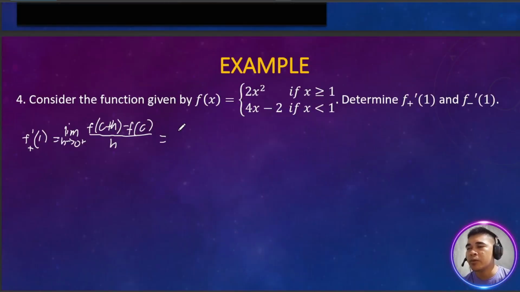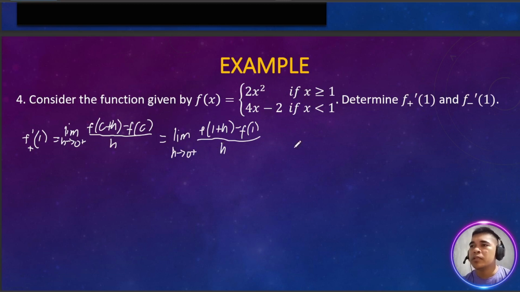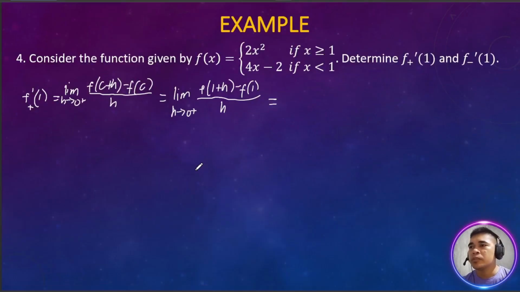Alright, equals. So we got the limit. Yung C, pulihan na to og 1. As h approaches 0 from the right, equals. So we have from the right, so we are going to use 2x squared.